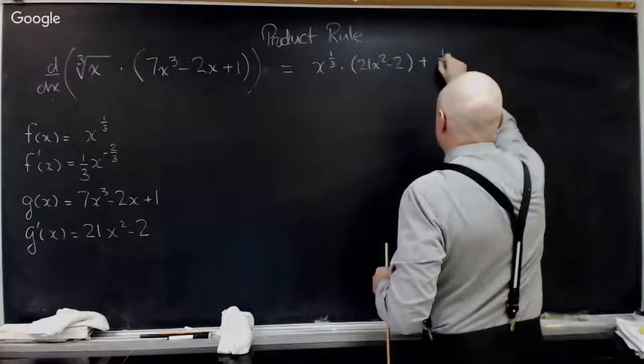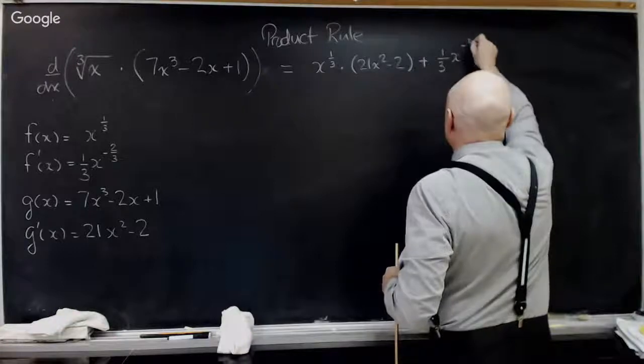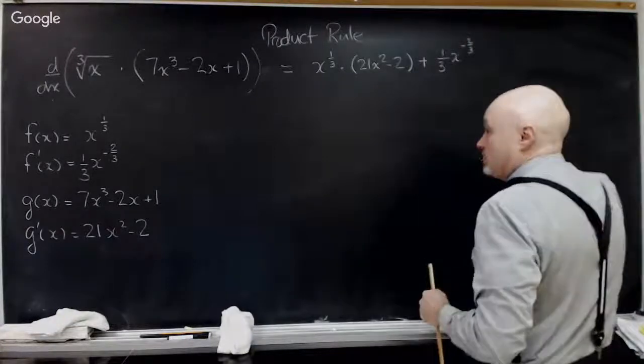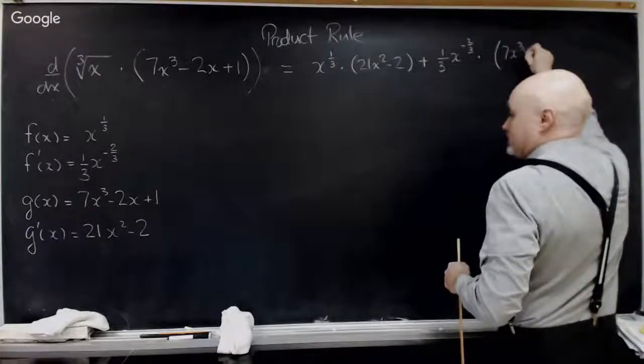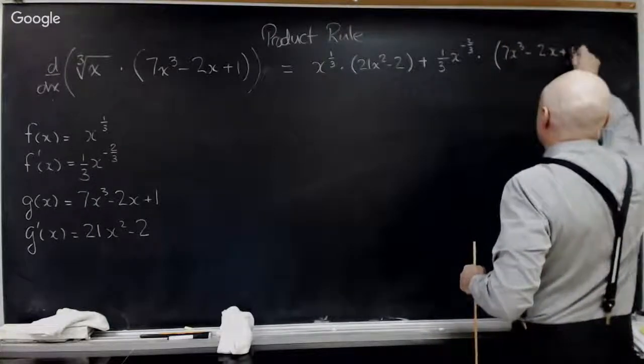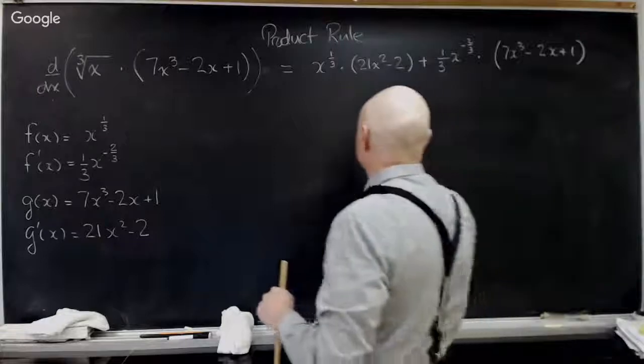So 1/3 x to the exponent negative 2/3 times the second, 7x cubed minus 2x plus 1.